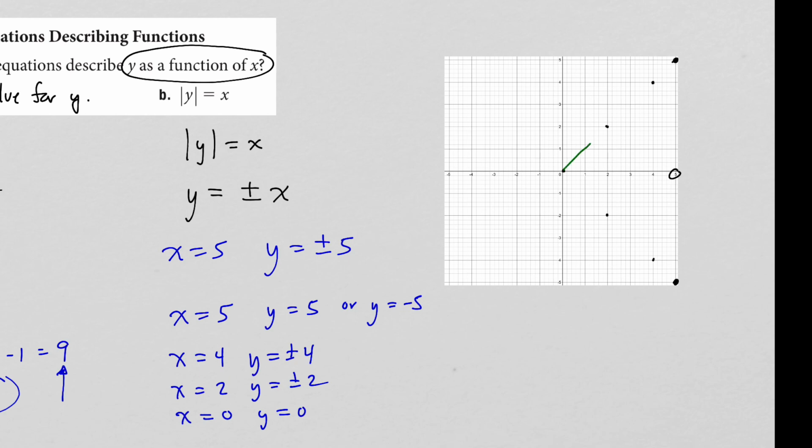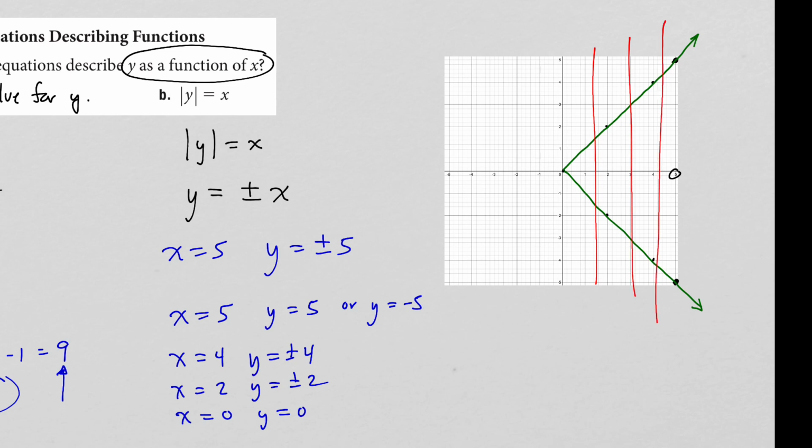And if you graph this, you can see that what you're getting here is a graph that looks something like this. And you can see very clearly now that if you draw a vertical line, you are going to intersect that graph more than once. So no, this equation does not represent a function.